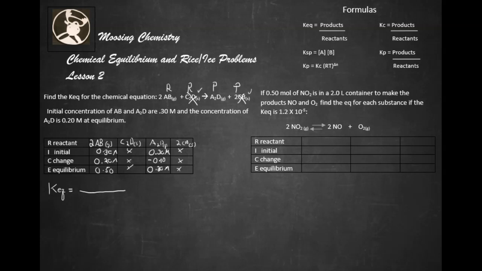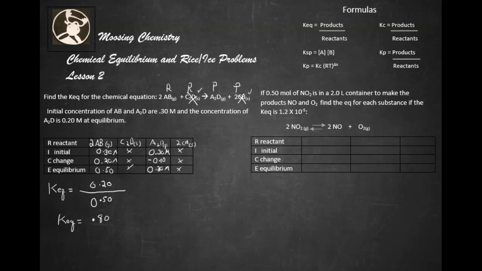So this is going to be our product over our reactant, which is going to be 0.20 divided by 0.50. So our Keq is equal to 0.80. Pretty darn snarly. Alright, let's look at the next problem, okay guys?